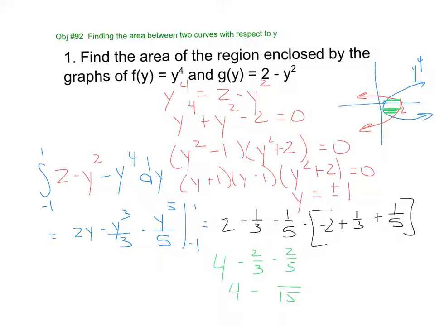So that's 10 and 6, 16. So 60 minus 16 over 15 is 44 over 15, my answer.